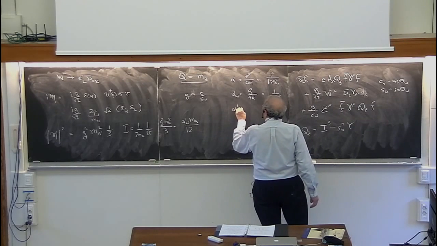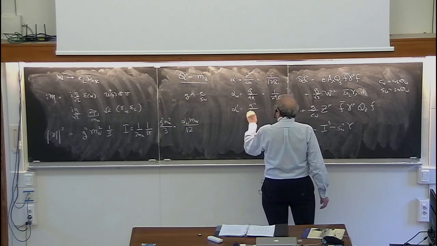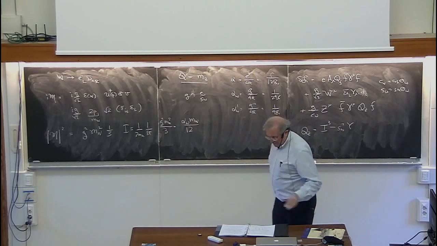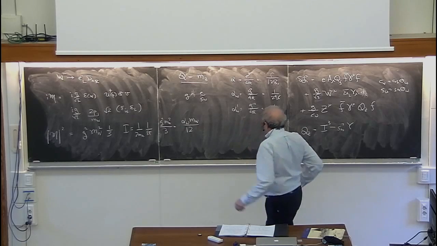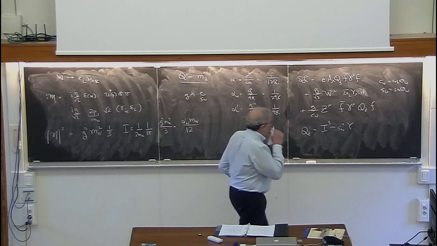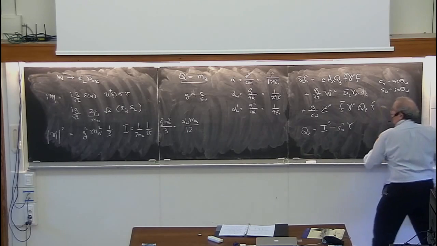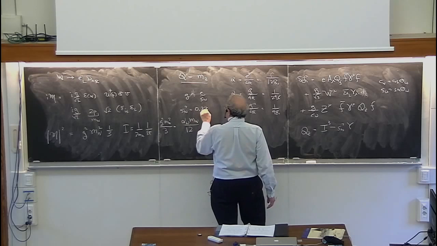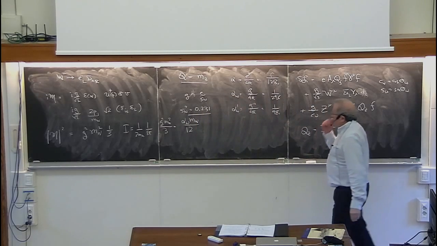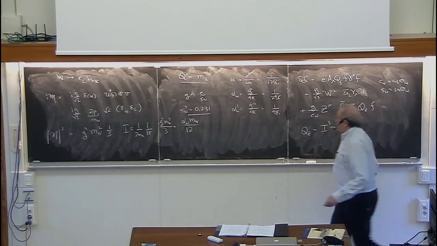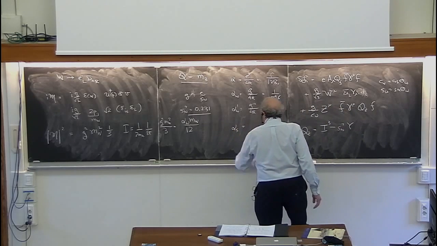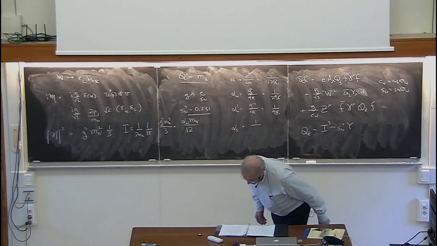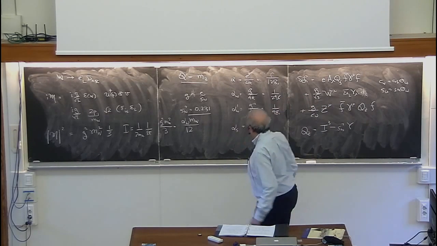Alpha weak prime, g prime squared over 4 pi, is about 1 over 98. And this all goes along with a measured value for the weak mixing angle, sine squared theta w, which is something like 0.231. And, well, maybe I might as well just add to this alpha s, the value of the strong interaction coupling at the same reference point. It's 1 over, I think, 8.5.